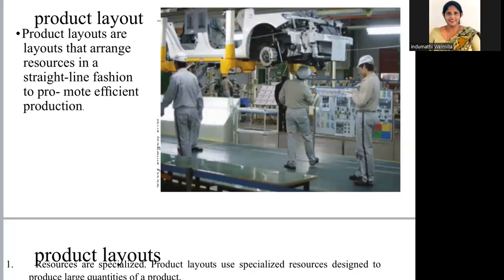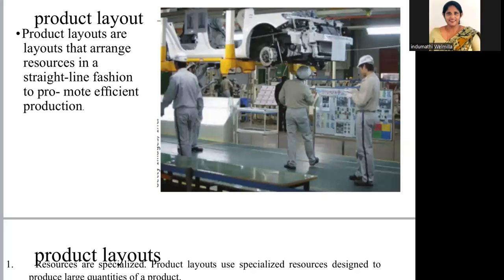Most of the time we use this product layout whether we are producing a product or supplying services. Service organizations can also follow this product layout method.